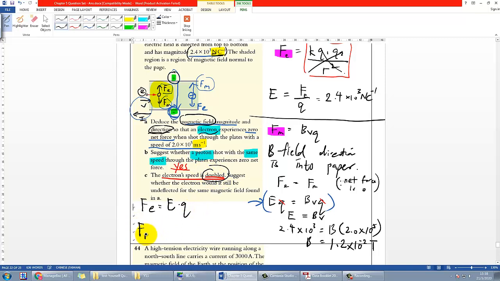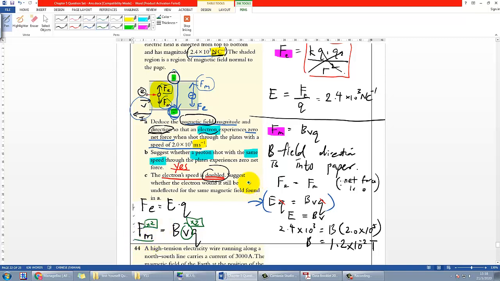But for the magnetic force, because it is BVQ, if you double the velocity, then you will simply double the magnetic force.